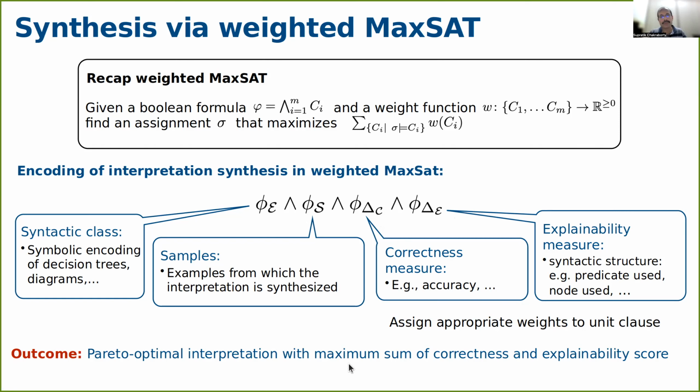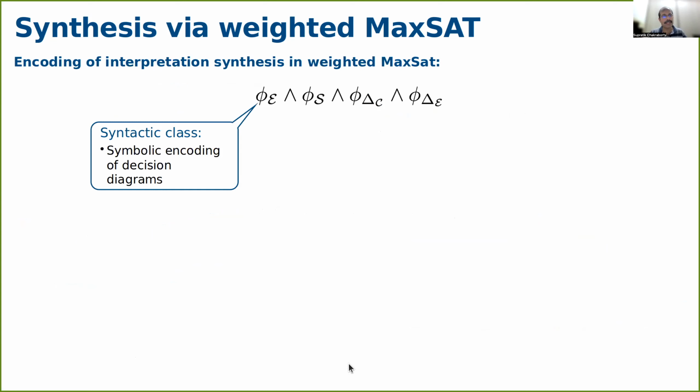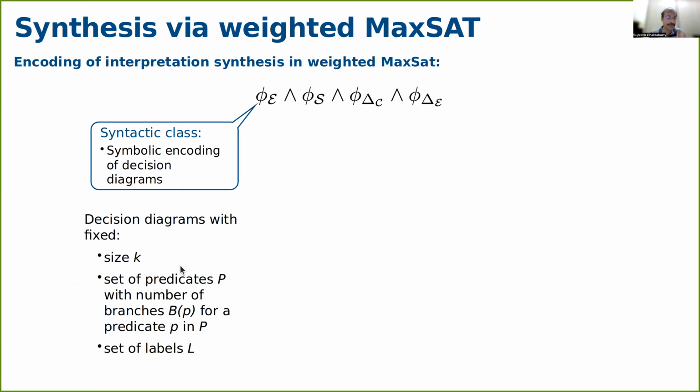Okay, so let's quickly look at these formulas, the syntactic class. Supratik, just one question. Yes. There could be more than one solution also. Absolutely, there will be many solutions. And both of them having the same max value, right? That's a very good point. I could have different solutions having the same Pareto-maximal value for both the correctness and the explainability.